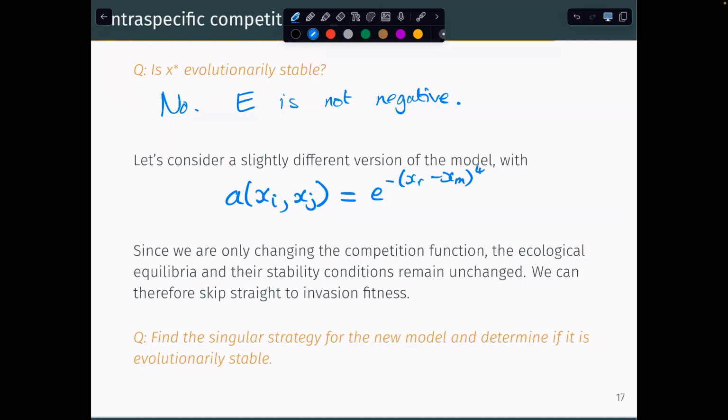Since we're only changing the competition function, our ecological equilibria, which remember were either our extinction equilibrium or our carrying capacity, are going to be unchanged. And their stability conditions remain unchanged because they just depended on R. We've not changed R at all here. So that analysis we don't have to redo. Great. We can skip straight to our invasion fitness then.